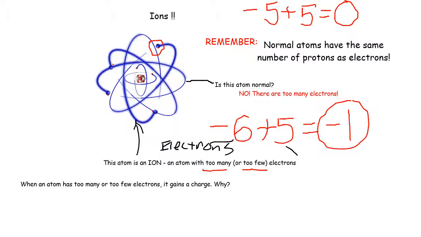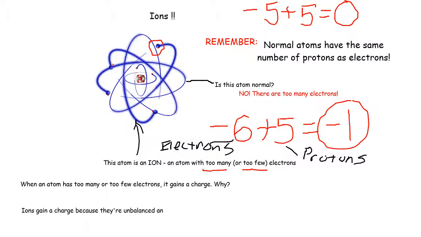This 5 is protons. We said before that this boron atom has 5 protons in the middle, and then counting the electrons on the outside, 1, 2, 3, 4, 5, 6. 6 electrons, 5 protons. The total charge here is negative 1.